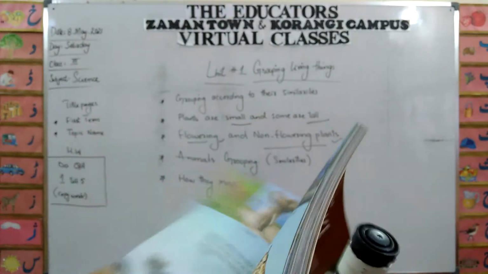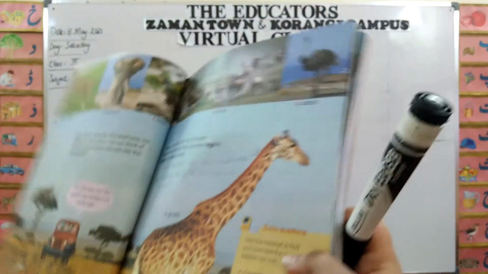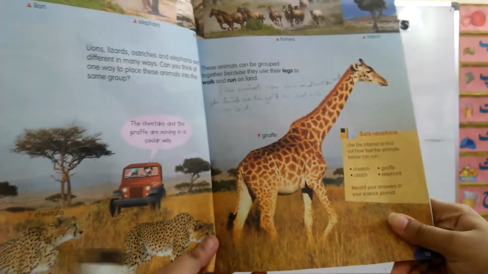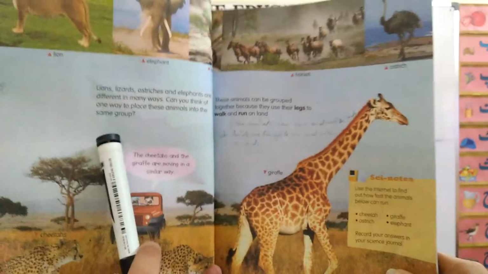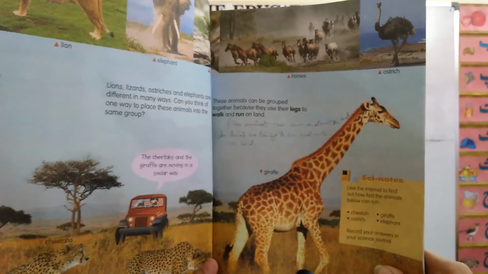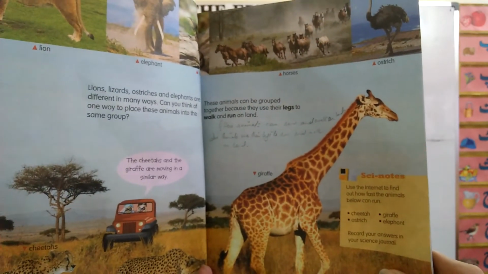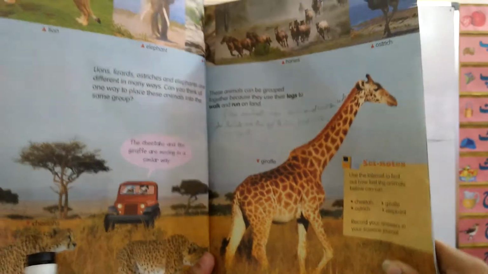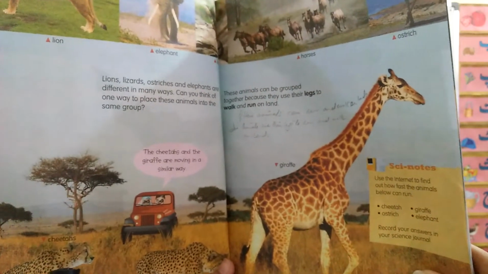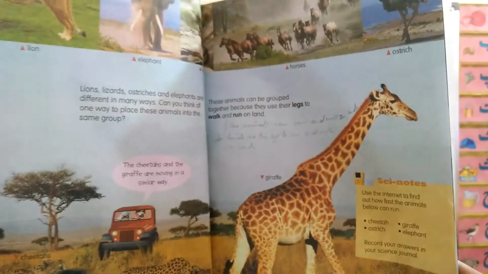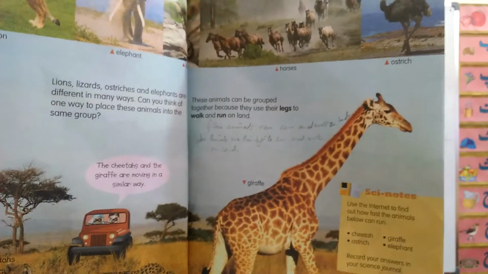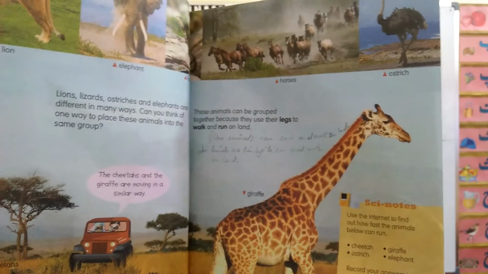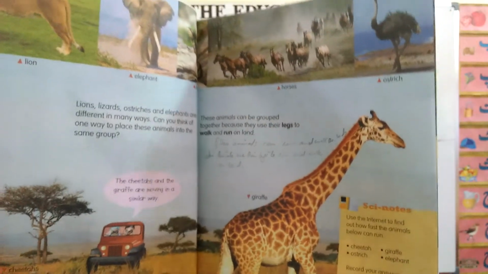If we talk about the animals on page number 12 and 13, they are moving with their legs. You can see a giraffe and cheetahs here. They are moving with their legs, so we can group these animals as moving with their legs.